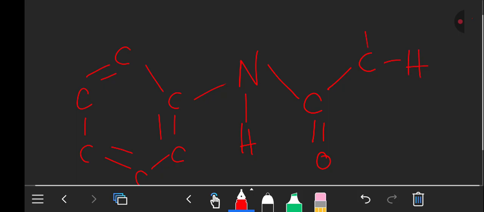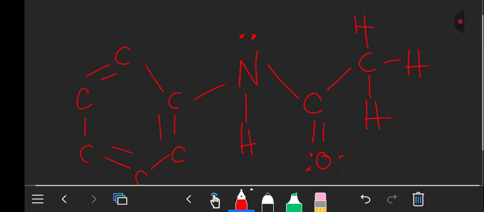So we must add hydrogens on carbons so that we complete the octet rule. So we are going to add hydrogen there, like that. On nitrogen will have a lone pair of electrons. On oxygen, to complete the octet rule, we must add 2 lone pairs.